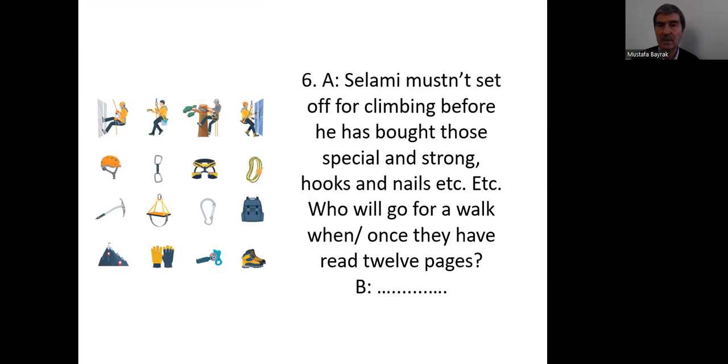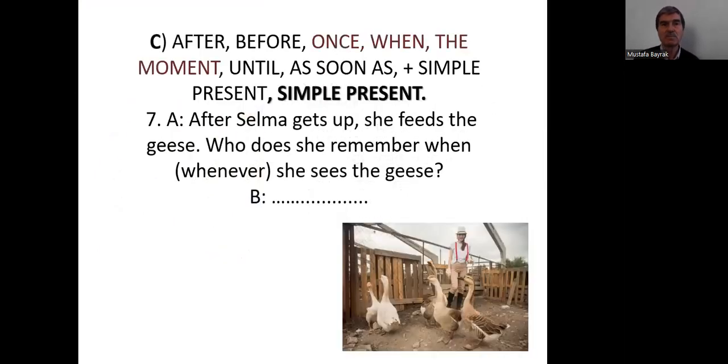Yakup and Yasemin will go for a walk once they have read 12 pages, or once they read, without have, once they read 12 pages. Both are possible. These 2 points are really essential.